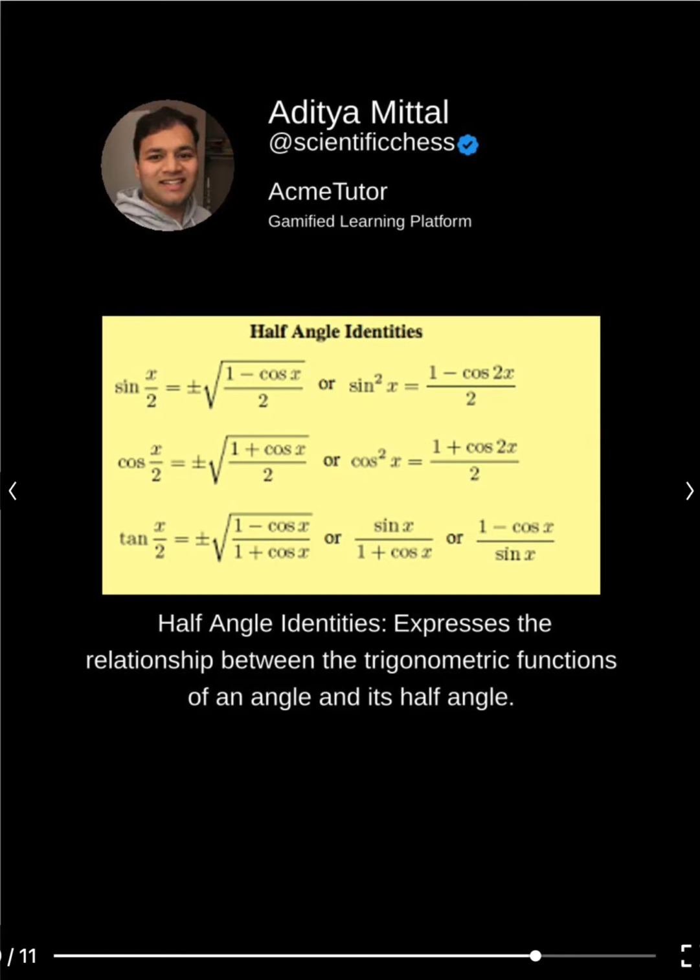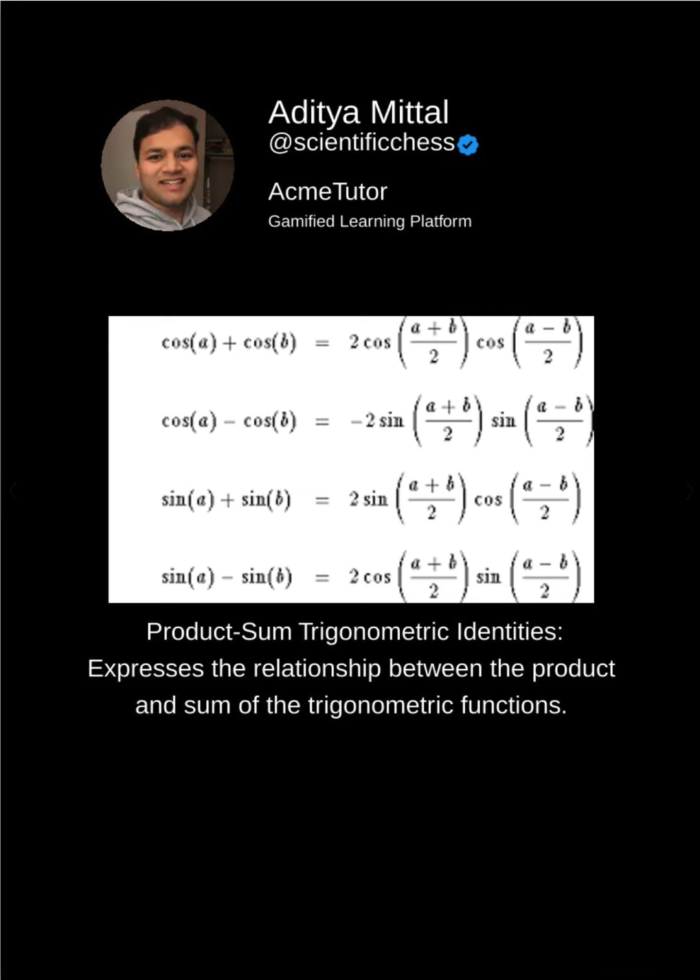Alright, so next we will go over to the product sum trig identities. So before, what we did was we said like cosine of a double angle or cosine of a plus b within the parentheses. But now we're going to do cosine of a plus the cosine of b.